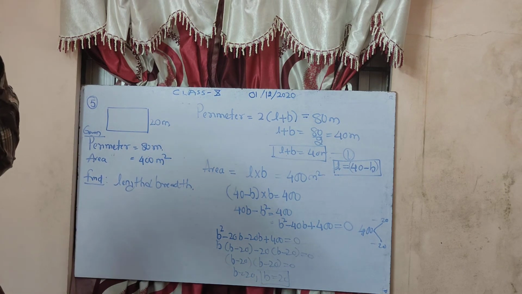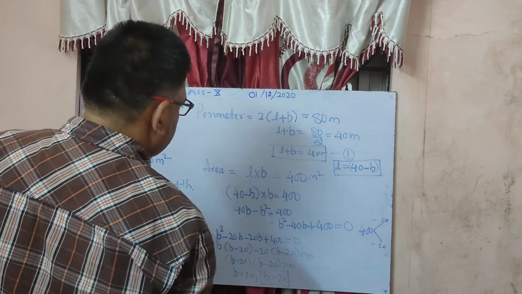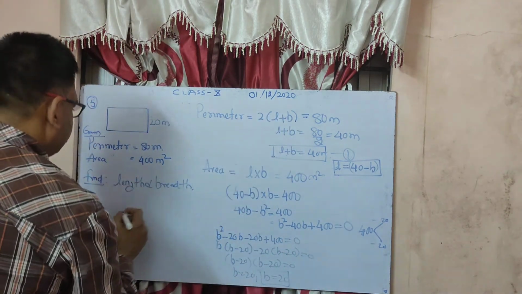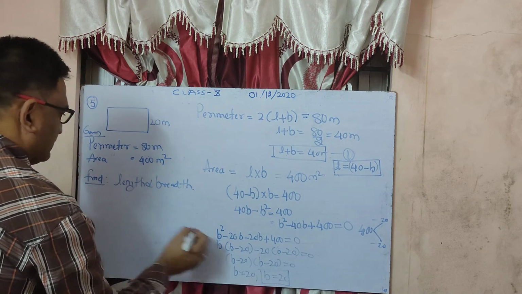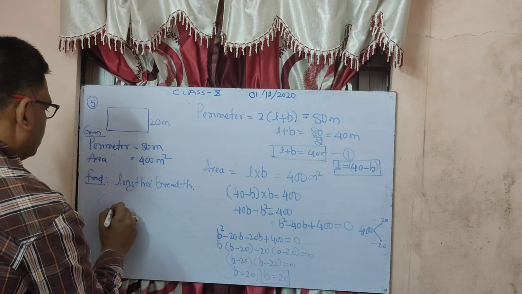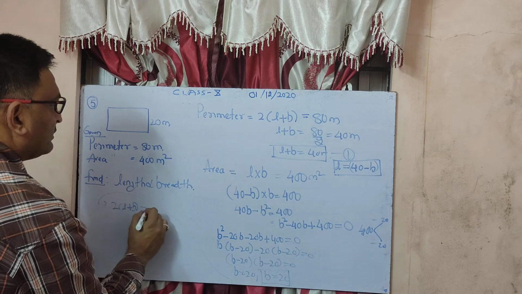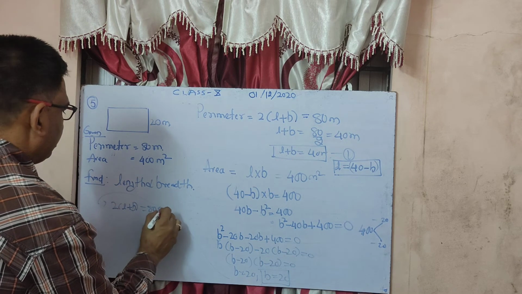Now you know the value of b, that is 20 meters. So you can use any other equation, for example this one. 2 into (L plus B) is equal to 80 meter.